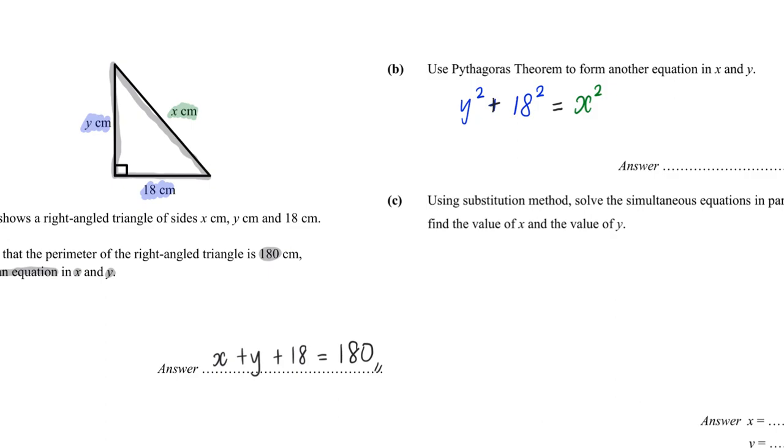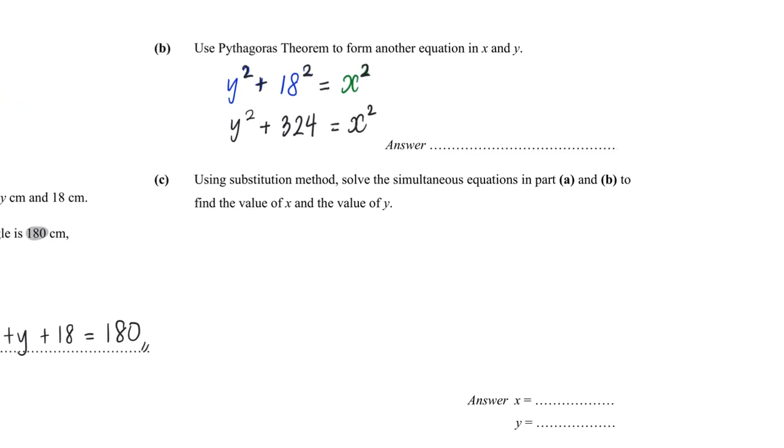But of course, should you want to, you can actually continue to simplify it as y square plus 324 equals to x square. Okay? And so I will have my second equation.